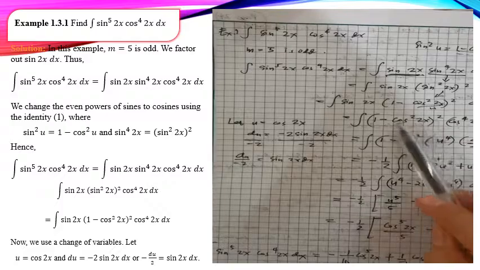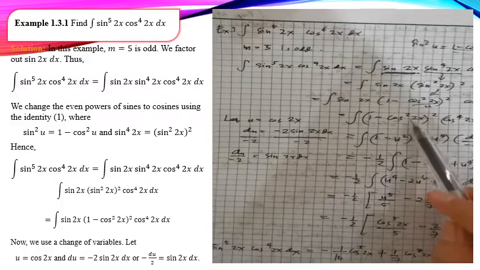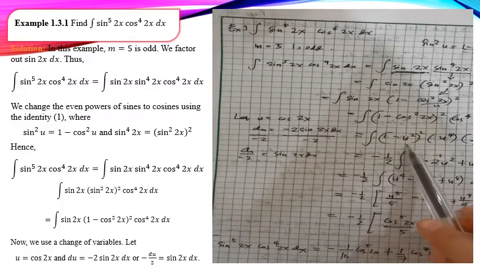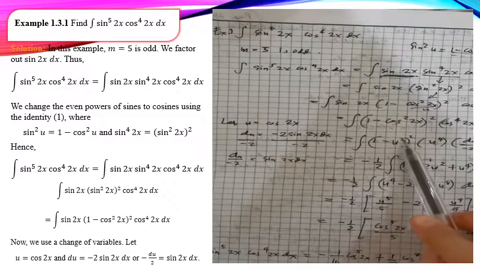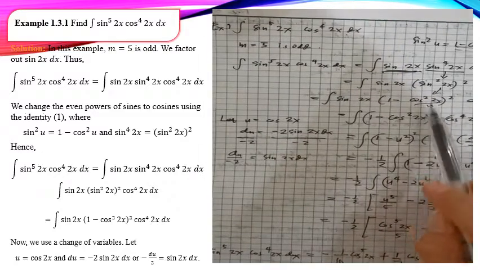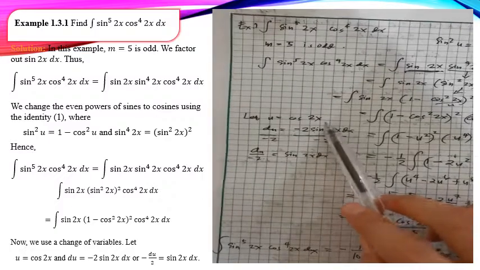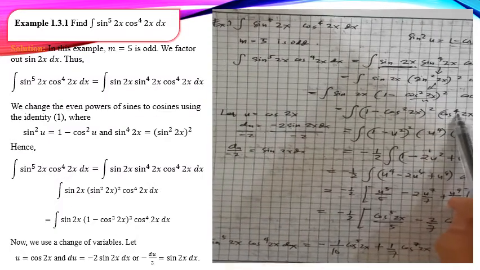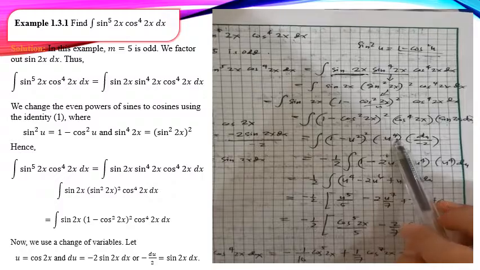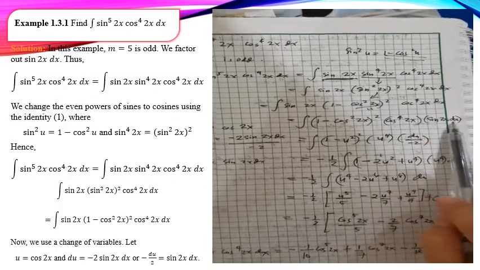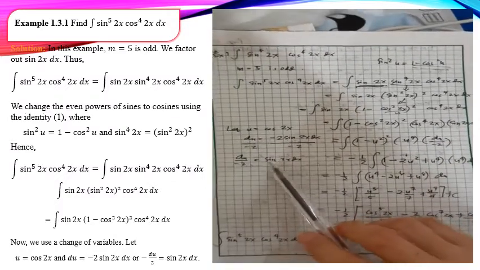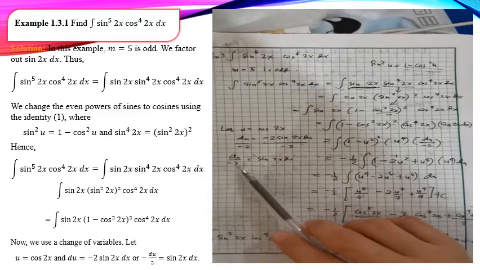Okay, si cosine, di ba ito yung ginawa natin kanina na u. So, si cosine, papalitan natin siya ng variable u. Yang 2 na yan, galing yan dito, galing doon. And then, si cosine 2x, ginawa din natin yan na u. And then, since yung exponent niya is 4, so that's why naging 4. And then, si sine 2x dx, siya yung naging du over negative 2 natin.